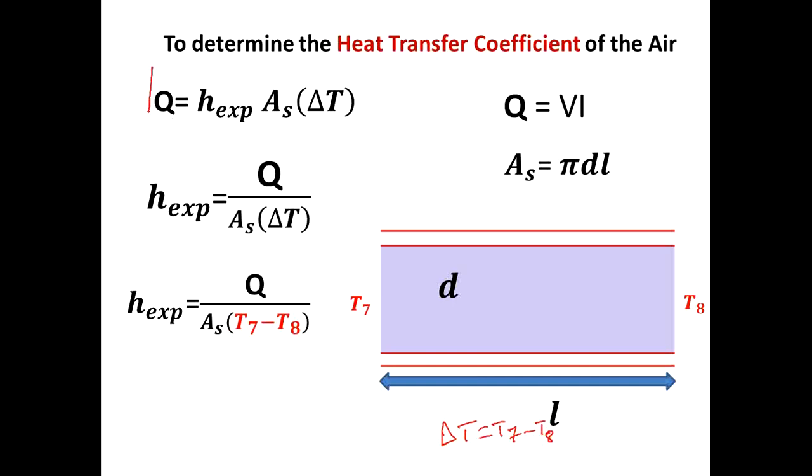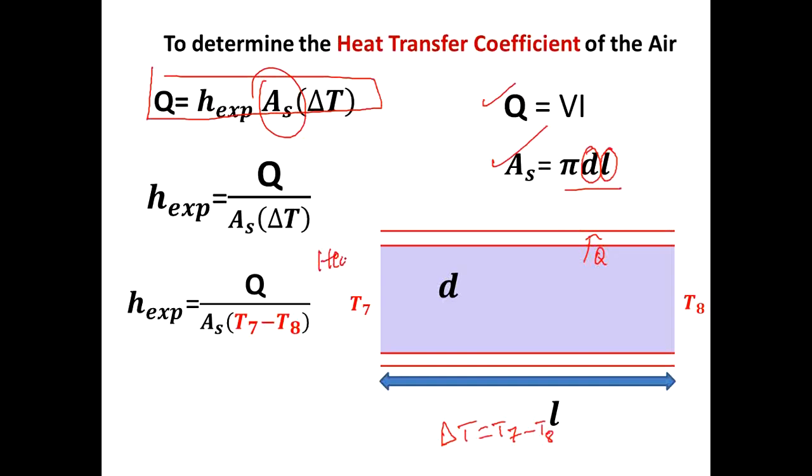Newton's law of cooling states that heat transfer by convection is equal to heat transfer coefficient times area times temperature difference. Why are we taking the surface area? Because the heat energy is given to the surface of the pipe. With the diameter and length of the pipe already noted, you get the surface area of the pipe. And V into I is the amount of heat energy given to the heater.